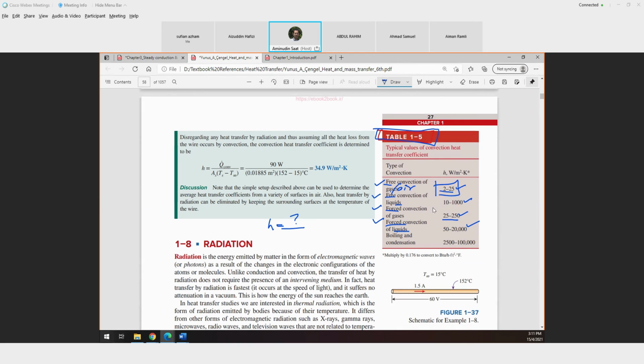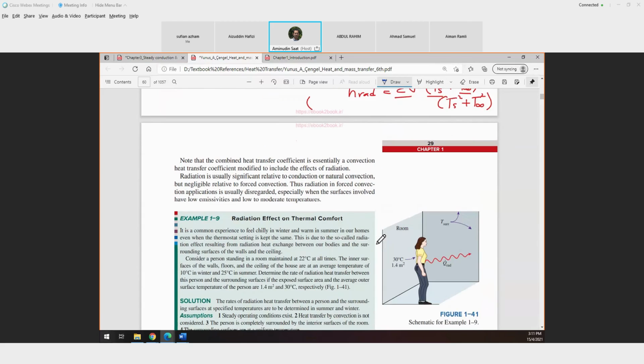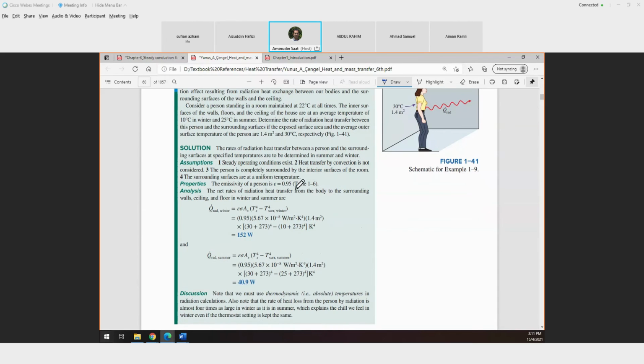So anything below 25 means you need to consider the radiation, because above 25 the forced convection will be dominant.